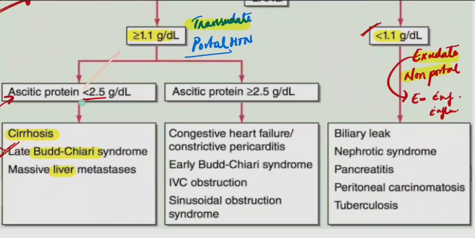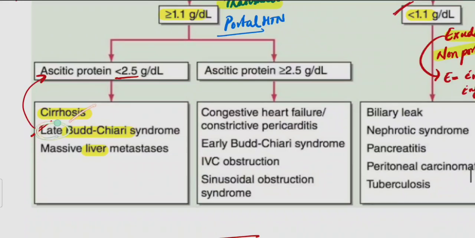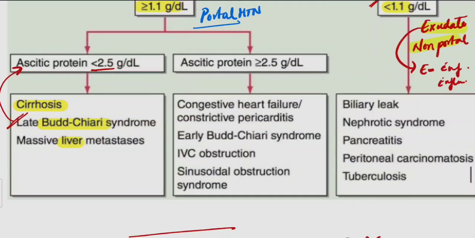And we know if the ascitic albumin is less than 2.5, liver is not working, so cirrhosis, late Budd-Chiari syndrome, more damage, ascitic protein not working, massive liver metastasis. When it is more than 2.5, it is all portal hypertensive causes like congestive heart failure, early Budd-Chiari syndrome, IVC obstruction, sinusoidal obstruction syndrome.